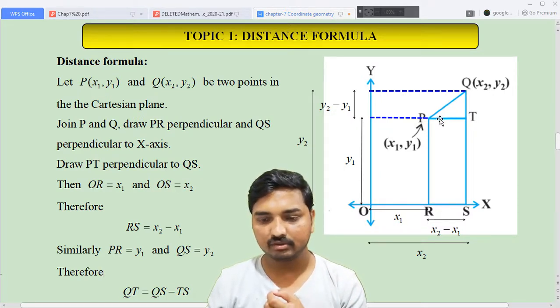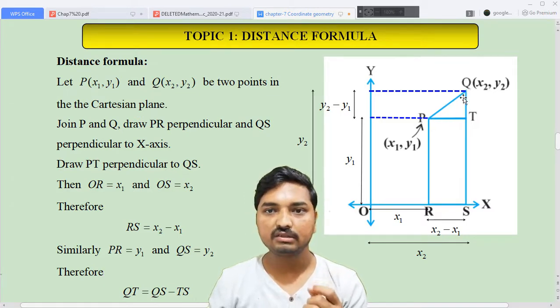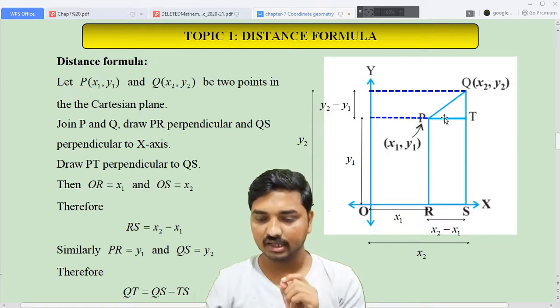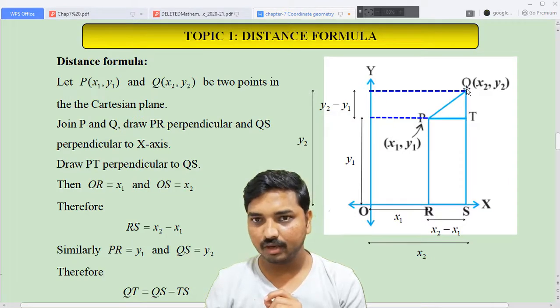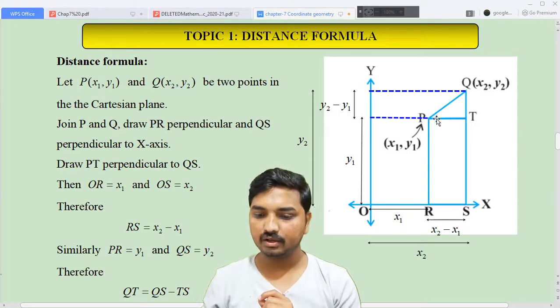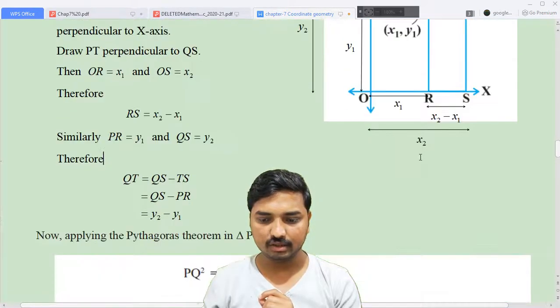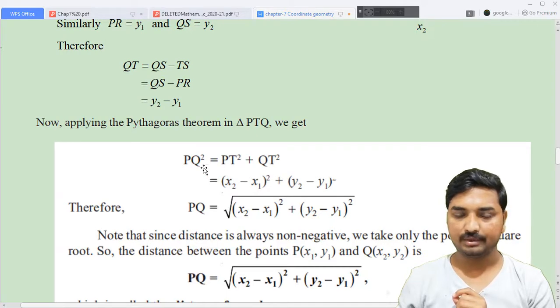If you apply the Pythagoras theorem, hypotenuse square is equal to the sum of the squares of the other two sides. That's why PQ square is equal to PT square plus QT square. So I'm going to write the same thing: PQ square is equal to PT square plus QT square.